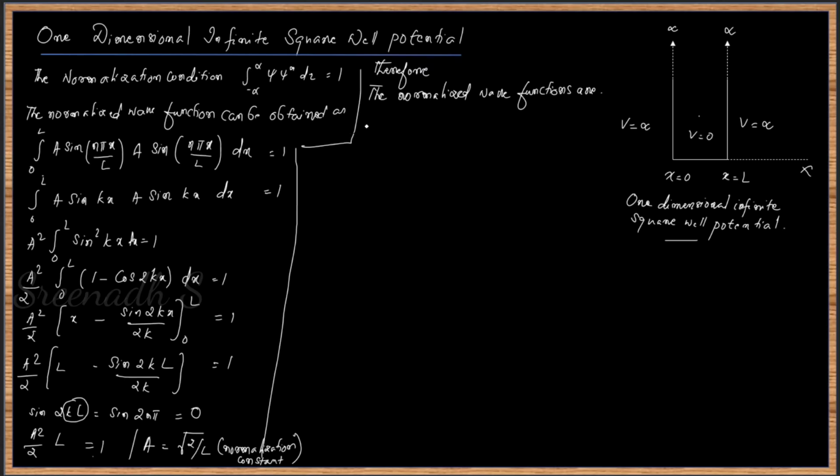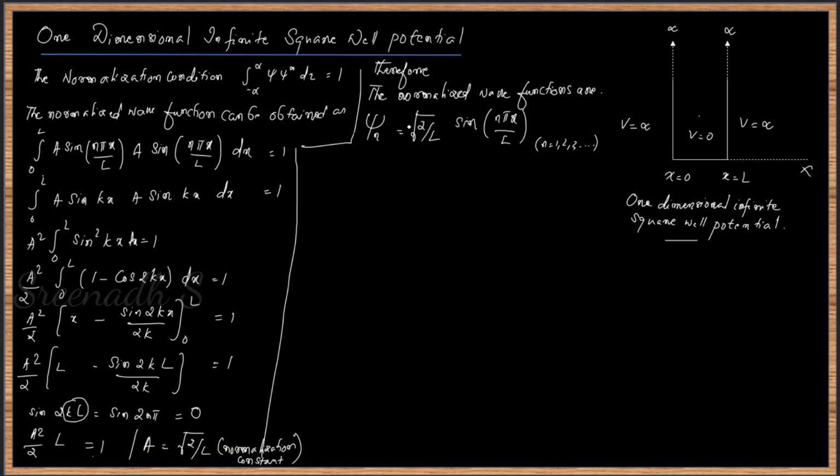So generally we can write psi n is equal to square root of 2 by L sine n pi x by L, for n having value 1, 2, 3, etc.